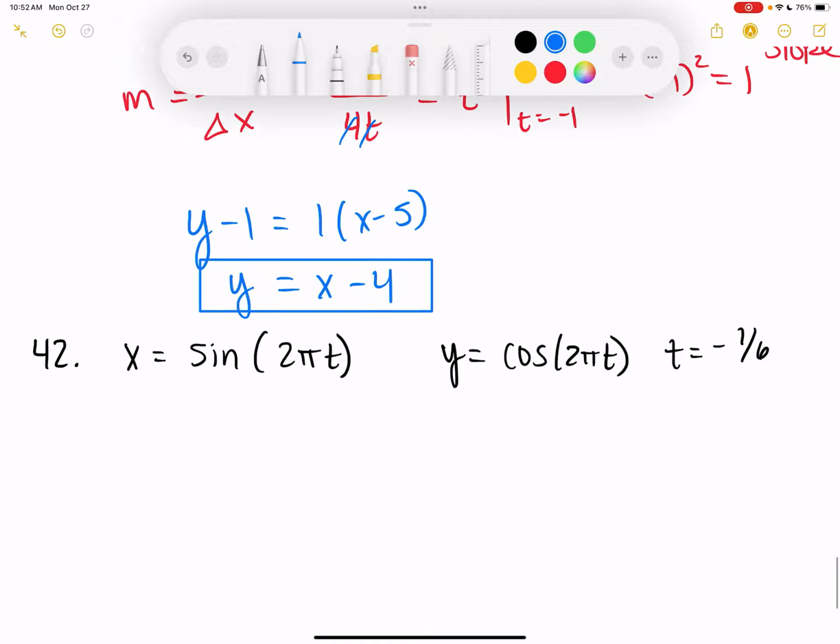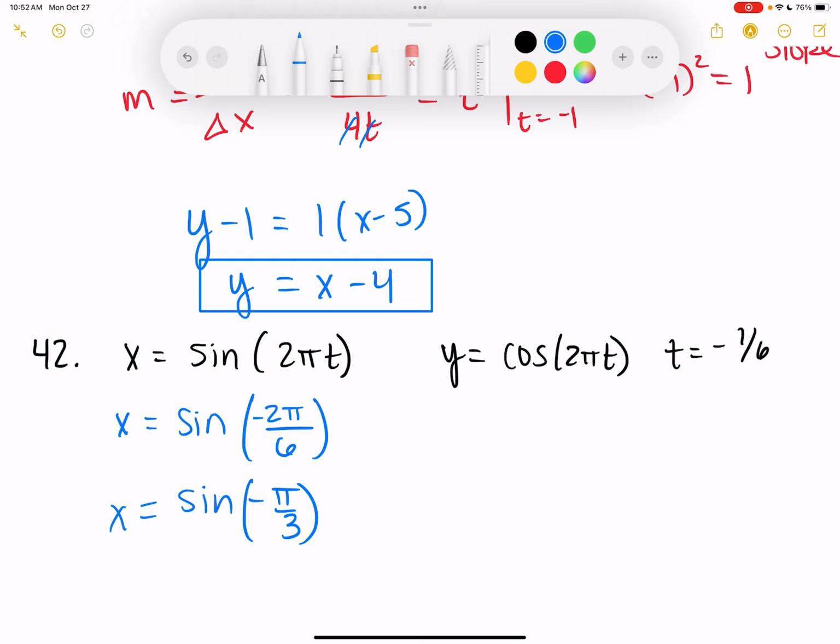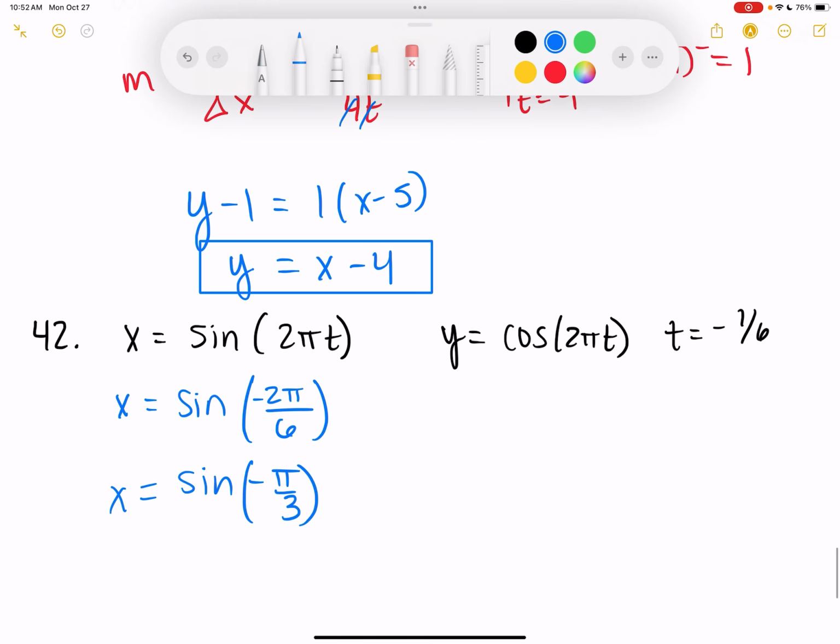So x is the sine of -2 pi over 6, which is just the sine of -pi over 3. So -pi over 3 is down here.